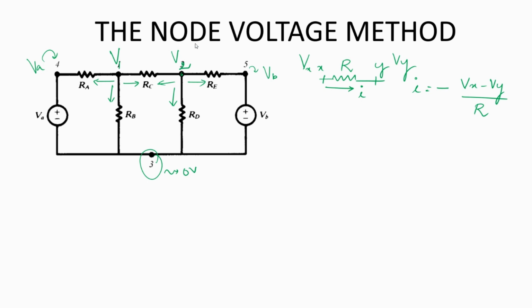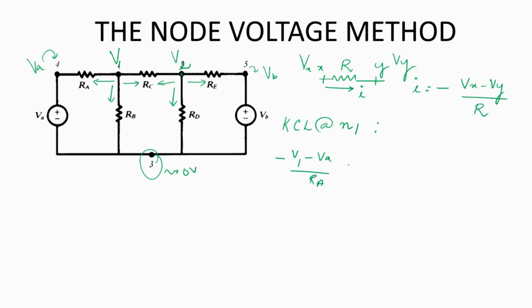Now we can write the expressions for these currents which we have marked as coming out of each of these nodes. Let's begin by writing the KCL equation at node N1. At node 1, the first current coming out is into RA, which I write as minus (V1 minus VA) by RA.